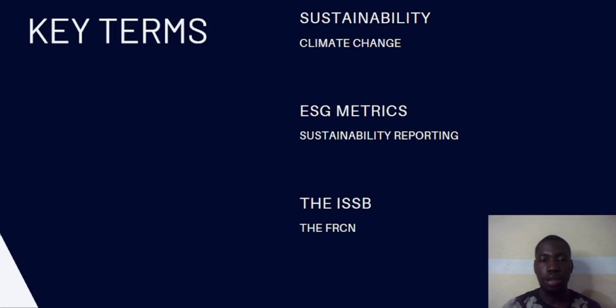Then to the key term, the ISSB. The ISSB is an acronym for the International Sustainability Standards Board, which was established in November 2021 by the IFRS, that is the International Financial Reporting Standards Foundation, at the UN Climate Change Conference, COP26. Their mission is to deliver a global baseline of sustainability disclosures that meets capital market needs, that is the financial market needs.